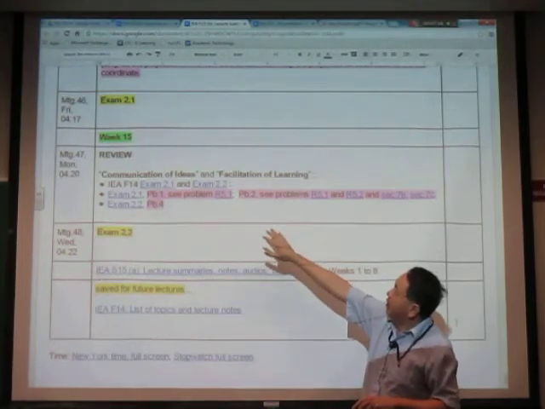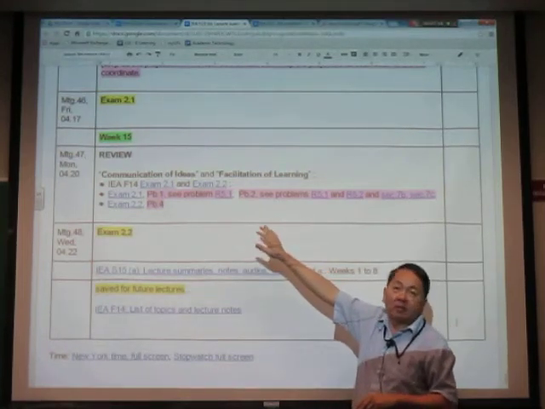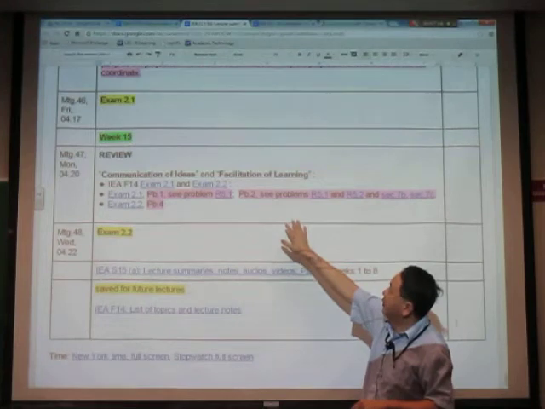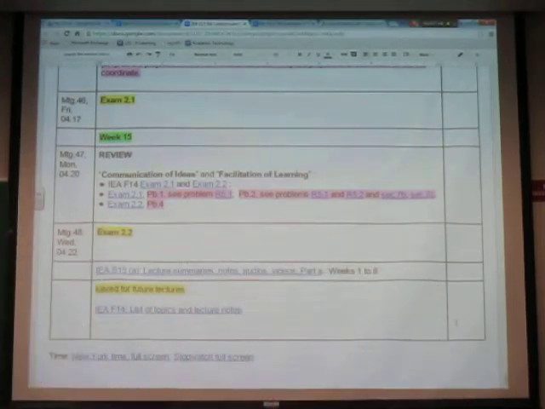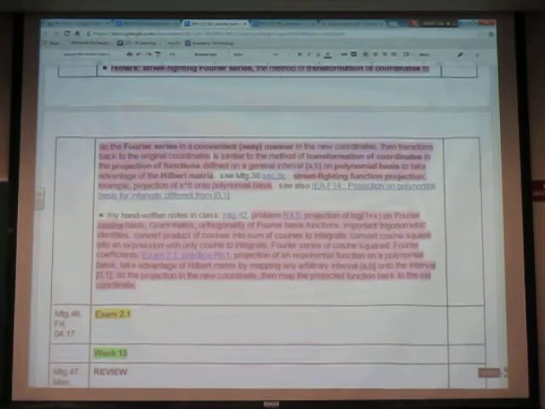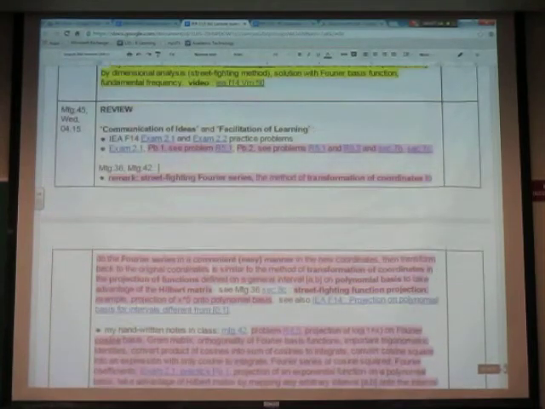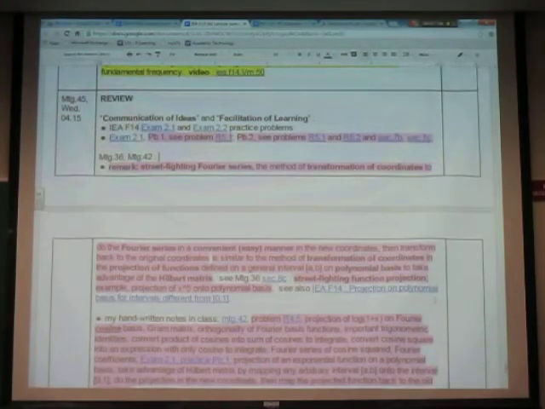But what does it mean seeing both problem 1 and problem 2 in exam 2.2? What it means is as follows. In exam 2.1, you can expect that I would give one of those 2 problems, meaning either problem 1 or problem 2.